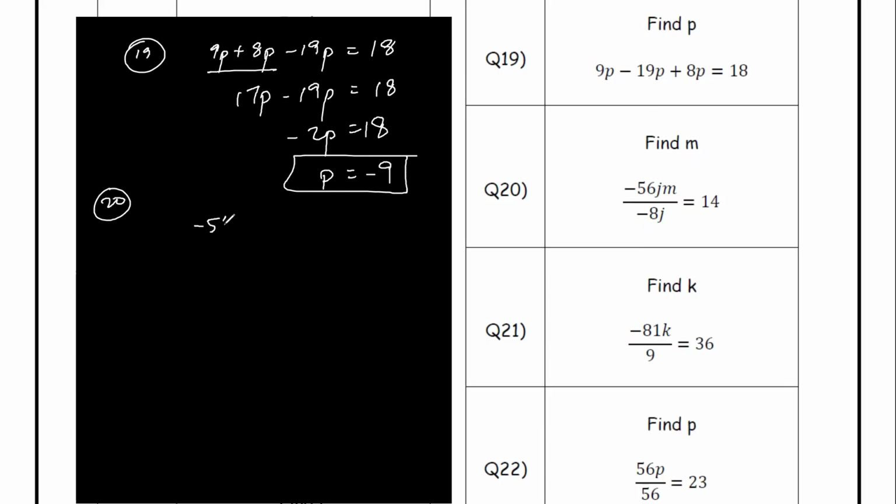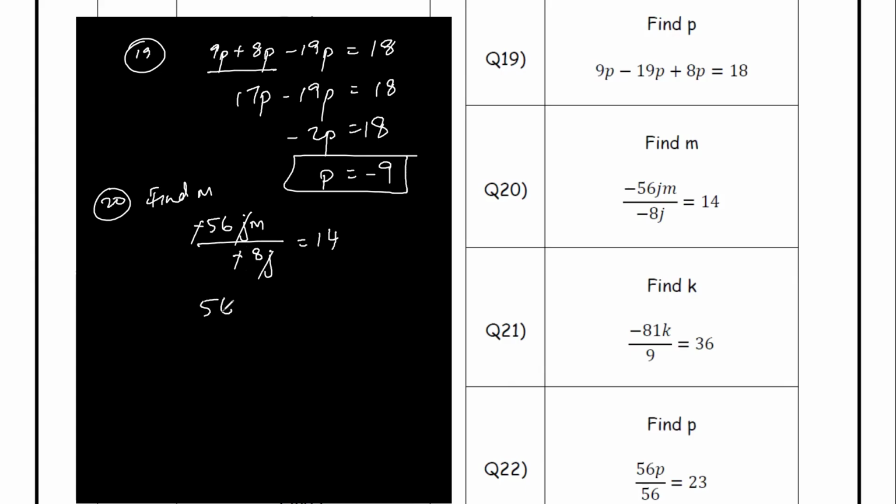So minus 56jm upon minus 8j is 14. I want to get rid of j because I'm finding m. Find m. Correct? So j and j goes. Negative and negative goes.